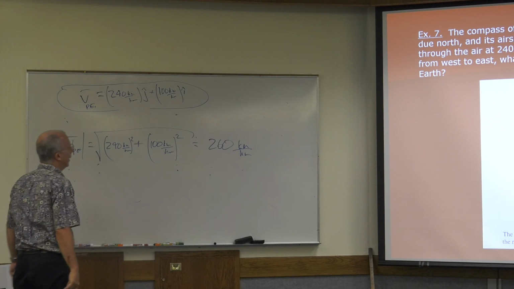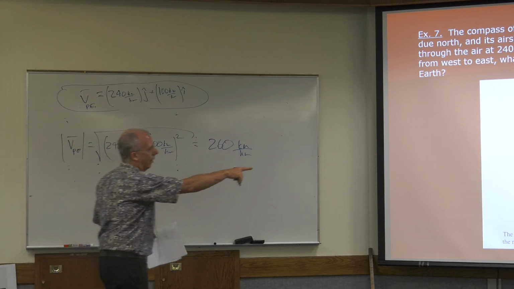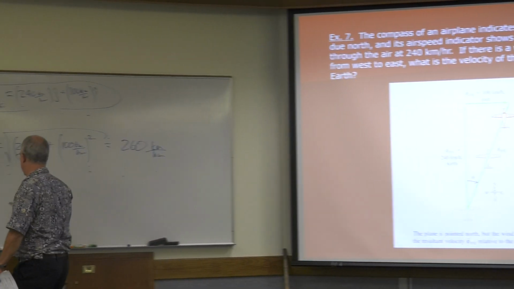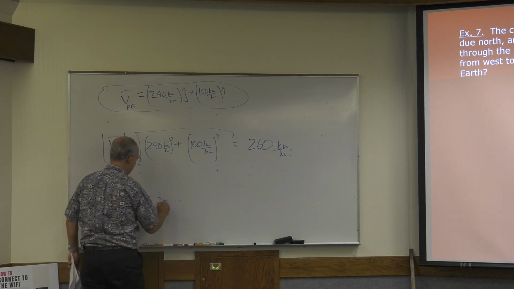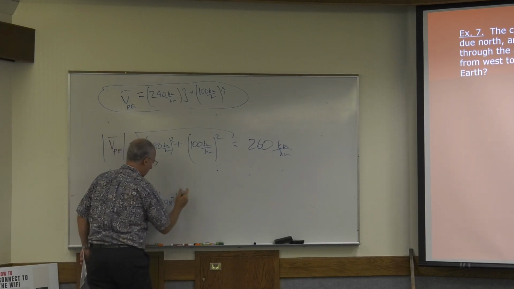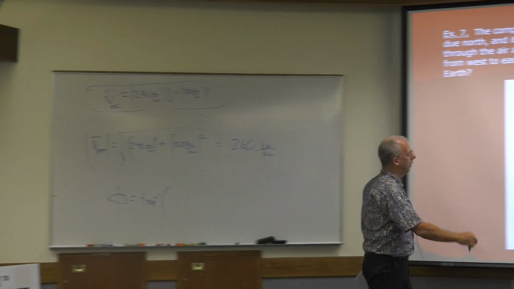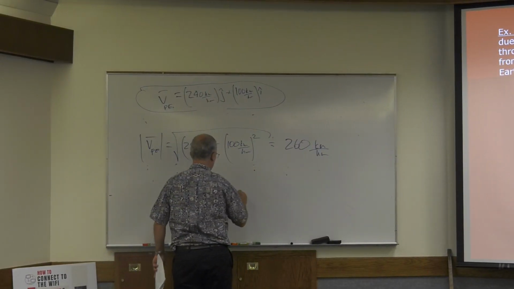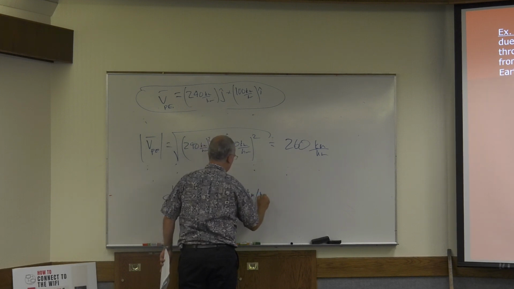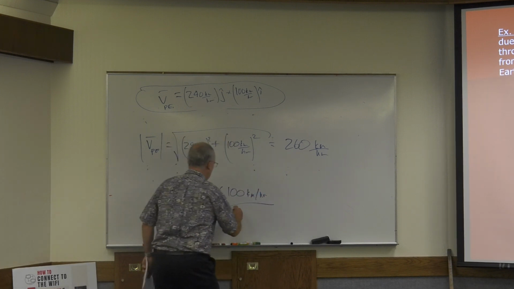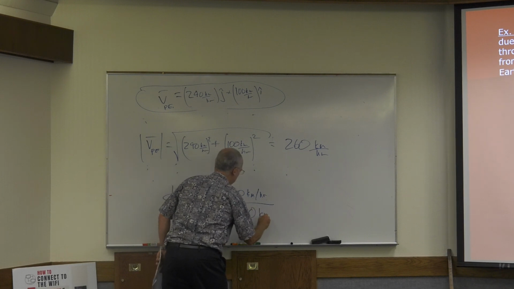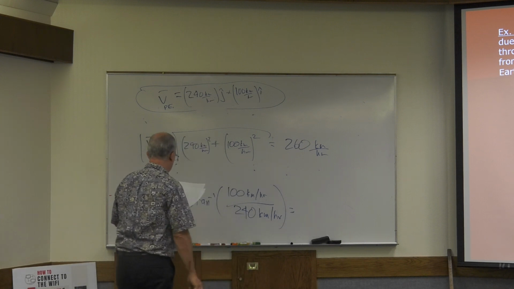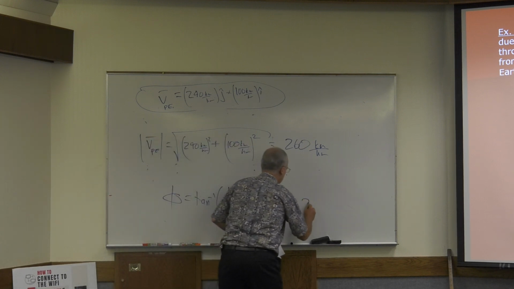Let's do this angle, phi, equals tan inverse of opposite over adjacent. So it's 100 kilometers per hour divided by 240 kilometers per hour, and that's 23 degrees.